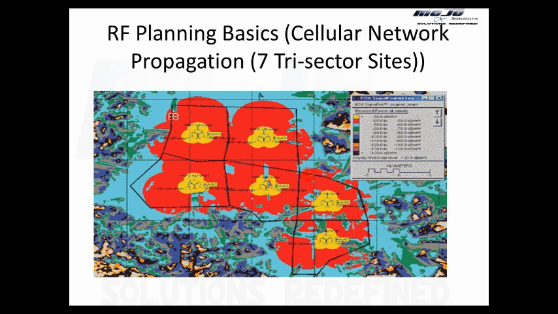So the coverage changes with the distribution of the users. If there are many users very far, there will be different coverage. If the users are very close, there will be different coverage, different quality, and different throughputs. There is a simulation called Monte Carlo simulation, which predicts the coverage, the quality, and the capacity or throughput based on the user distribution.